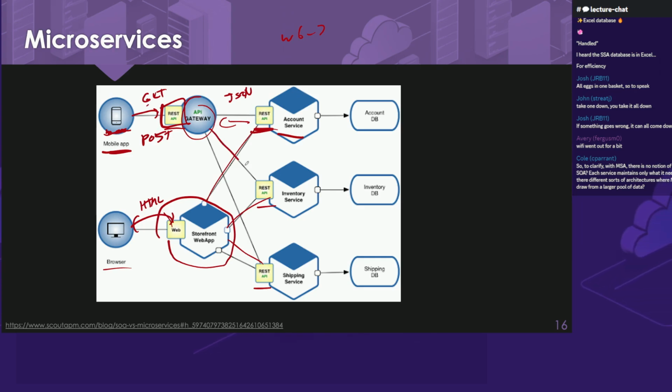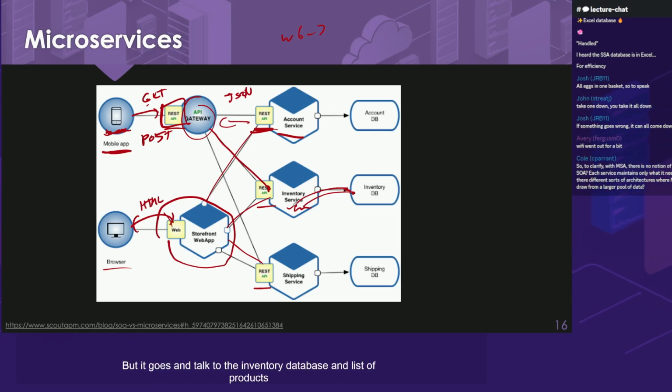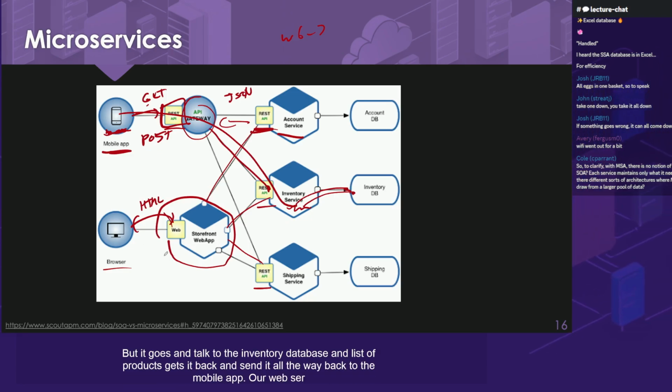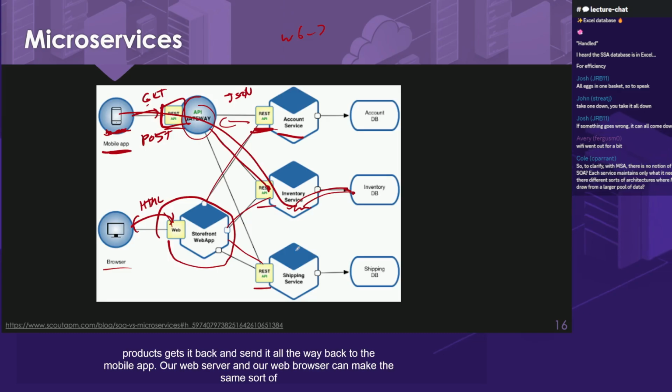The API gateway knows to make a further request to the inventory service. The inventory service can be coded in whatever we want, but it goes and talks to the inventory database, our list of products, gets it back and sends it all the way back to the mobile app. Our web server and our web browser can make the same sort of web requests as well, all through these common APIs.